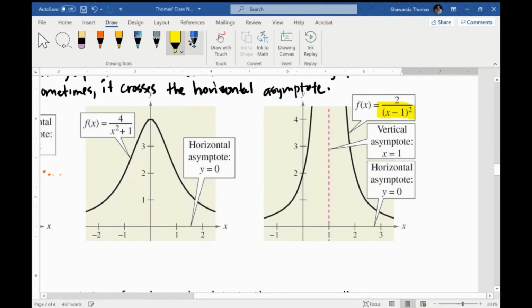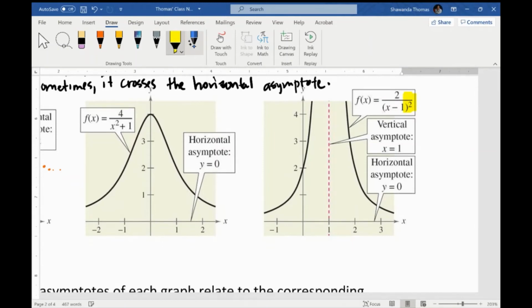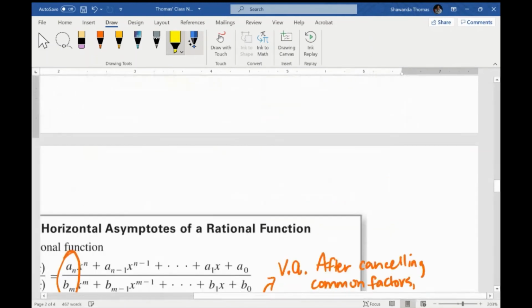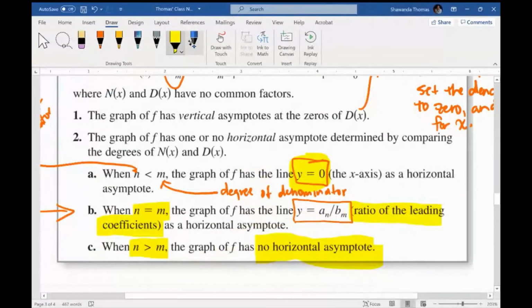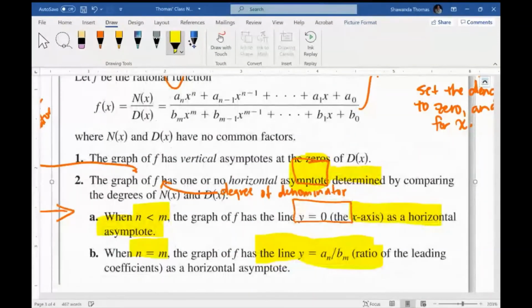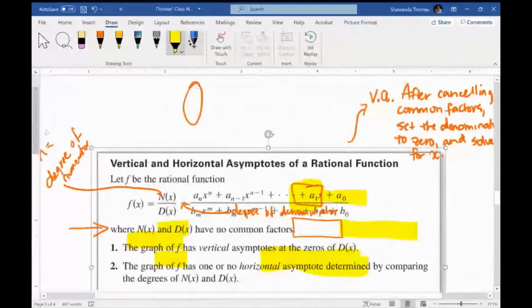Because if you work this out, it would be x minus 1 times x minus 1, x squared minus 2x plus 1. So definitely 2. Again, the degree of the numerator is less than the degree of the denominator, and that's A. The horizontal asymptote is y equals 0, or the x-axis. All right, let's practice.